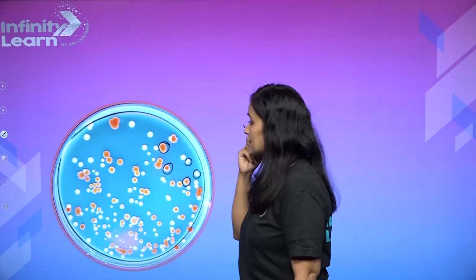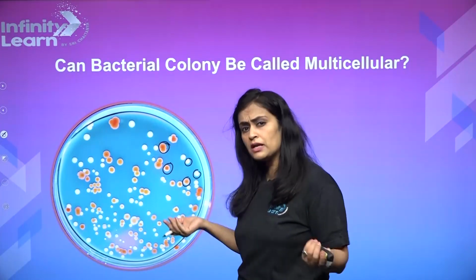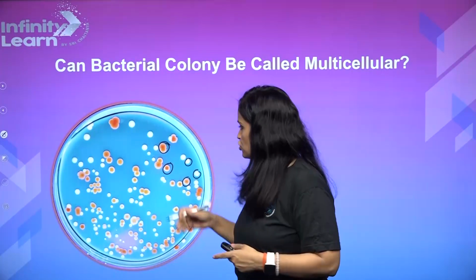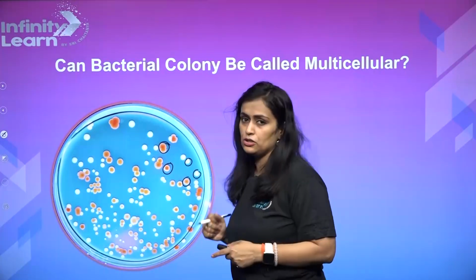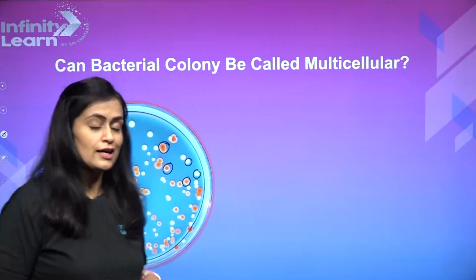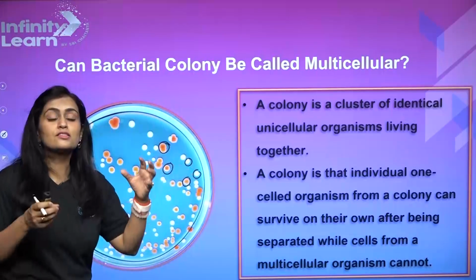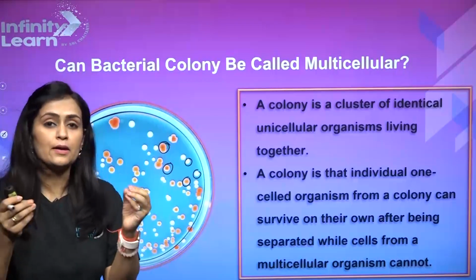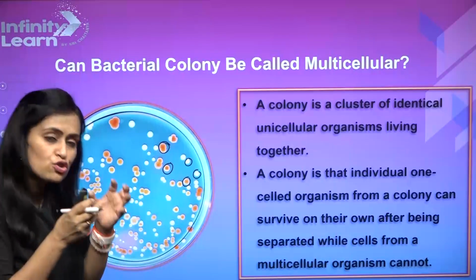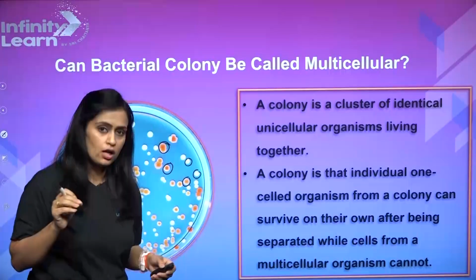Now, when we say it is a colony of bacteria, do you think we can call it multicellular then? Because there are many cells, isn't it? So, should we call this multicellular or unicellular? If not, why not? The reason behind it is this is a colony. Colony is a cluster of identical unicellular organisms growing together. They live together, that's all.